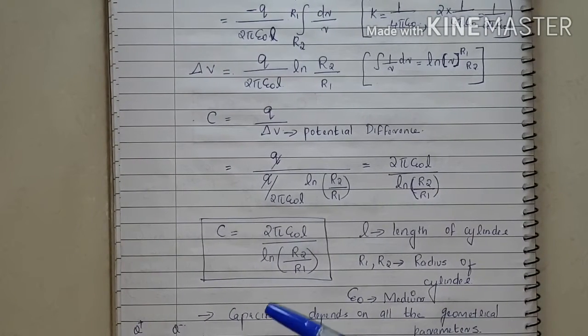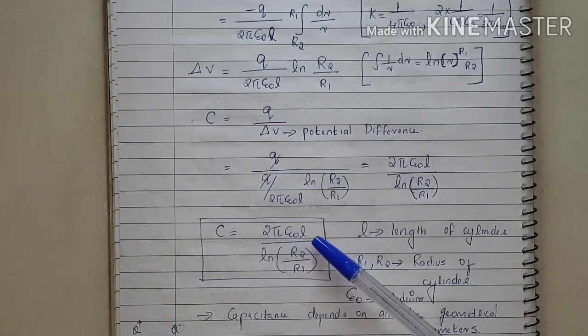So the capacitance of a cylindrical capacitor is 2 pi epsilon 0 L divided by ln R2 by R1, where L is the length of the cylinder, R1 and R2 are the radii of the cylinders, and epsilon 0 is the permittivity of free space. So the capacitance of a cylindrical capacitor depends on all the geometrical parameters.